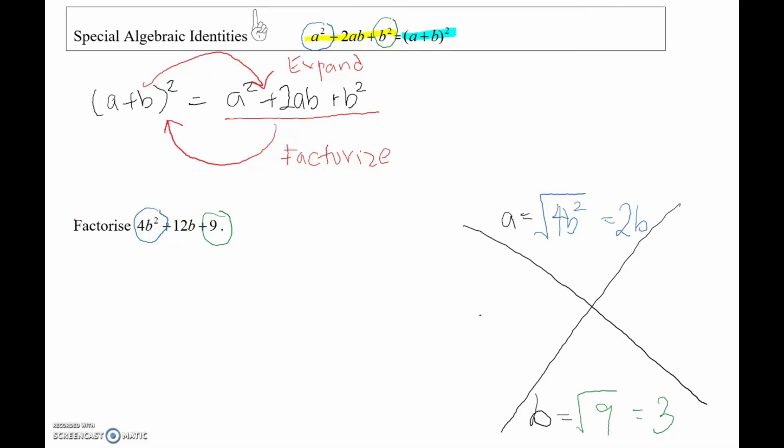Next, we need to check that when we multiply 2 times the value of a times the value of b, it should give us the same as the middle term. So therefore, let's check.